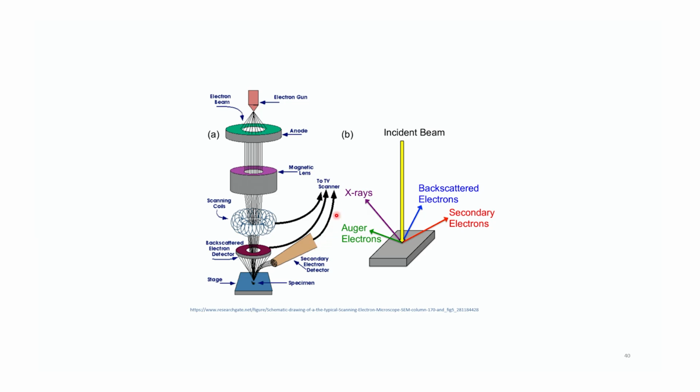This is going to be detected like this, and from here to the TV scanner. So the principle is the incident beam of electrons falling on your sample, and then there are secondary electrons, backscattered electrons, and then X-rays and Auger electrons. So that's your scanning electron microscope in entirety.